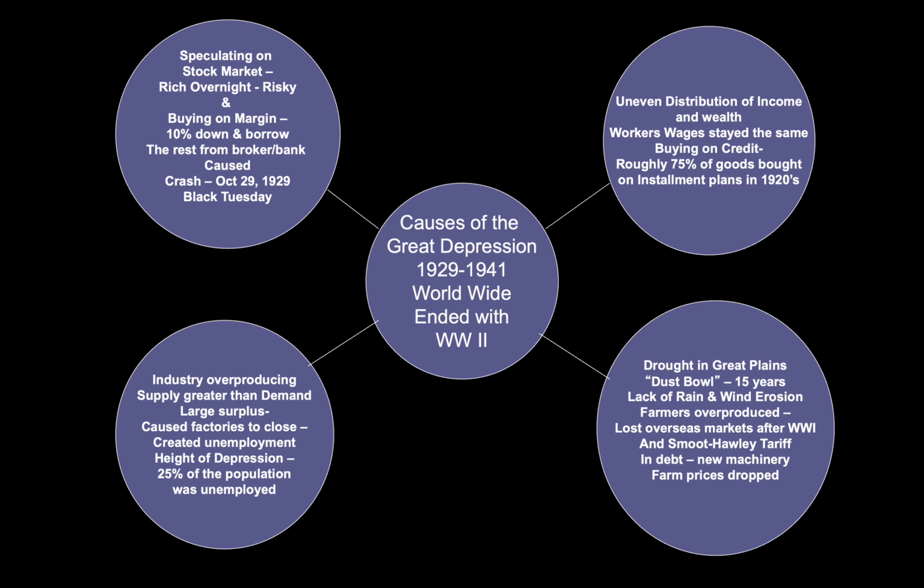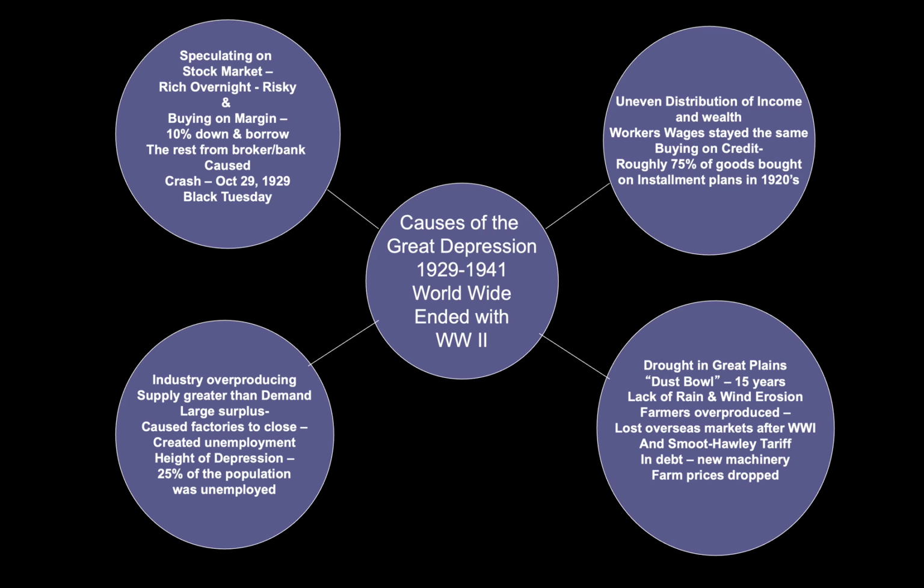Lastly, the economic factors of the Great Depression were magnified due to the problems in agriculture. Both the Smoot-Hawley Tariff and the Dust Bowl, a 15-year period where there had been a lack of rain and wind erosion on the Great Plains, led to some problems for farmers. Farmers who were still successful were overproducing goods and were unable to sell them overseas as a result of the tariff.